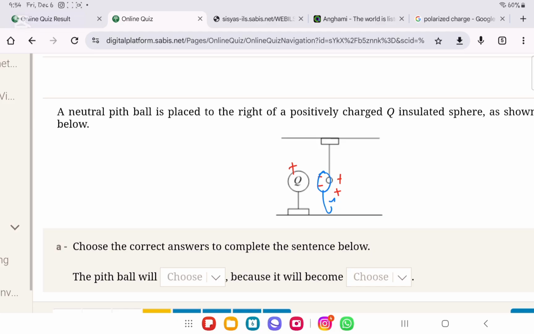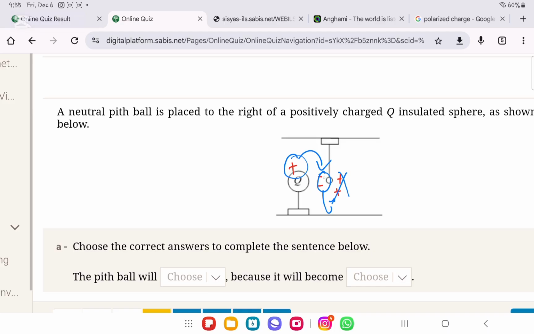So what happens is we bring next to it a positively charged object. So what is attracted to the positive? It is the negative. So as a result, the negative is gonna overpower the positive and theoretically kind of cancel them out. So they don't actually cancel out, but as a theory, just a way of understanding it, they cancel out.